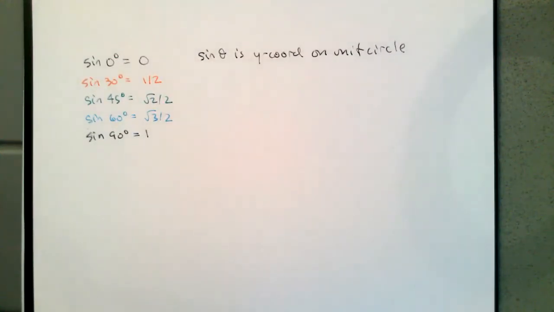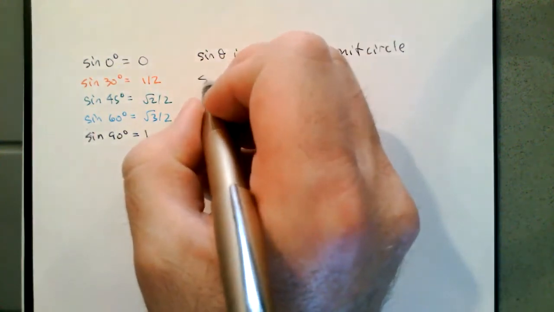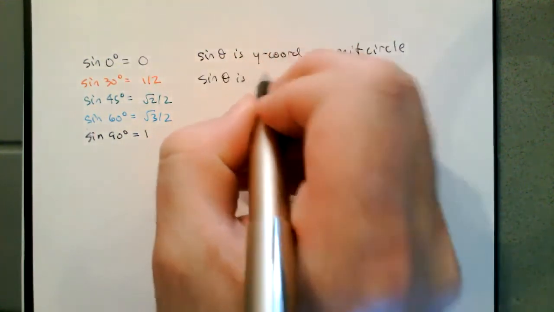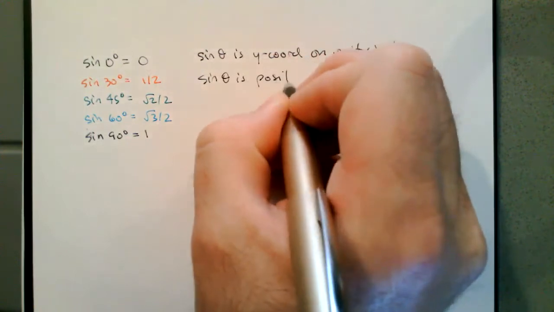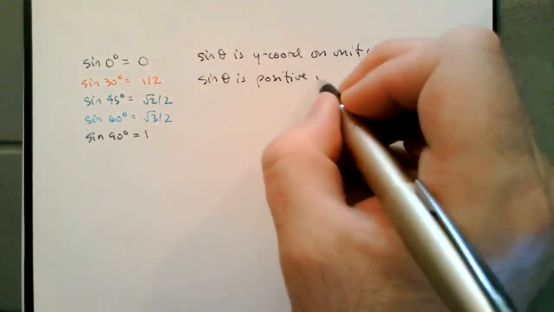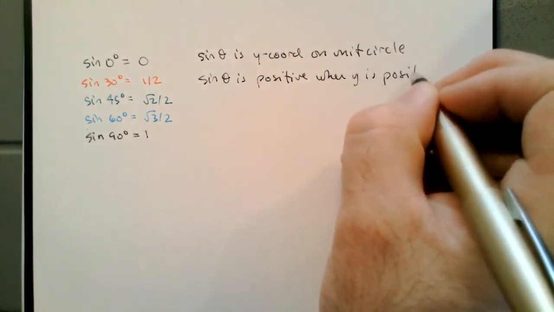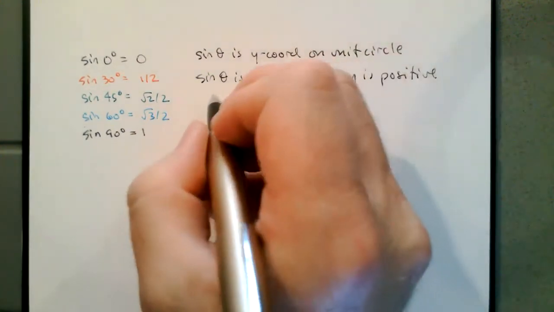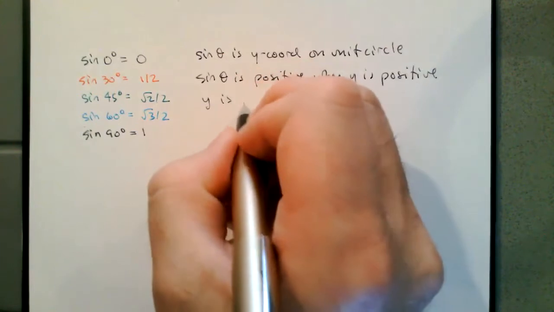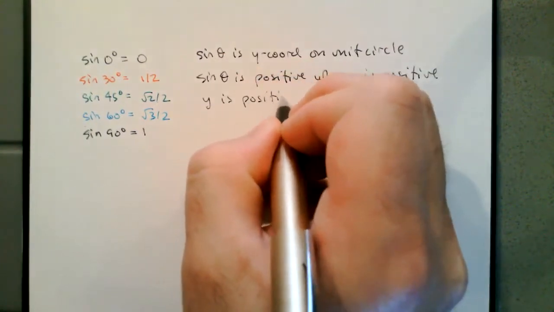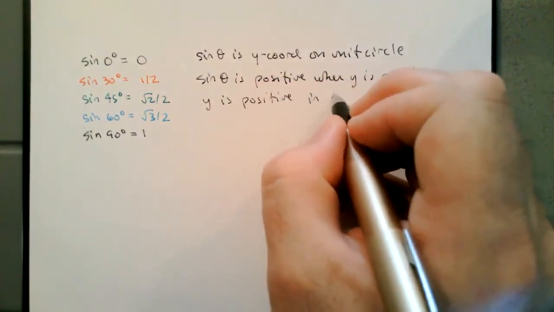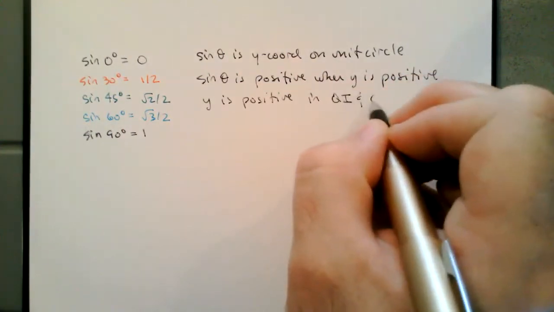This is going to tell us where sine is positive and negative. So sine theta is positive when y is positive. Y is positive in quadrant 1 and quadrant 2.